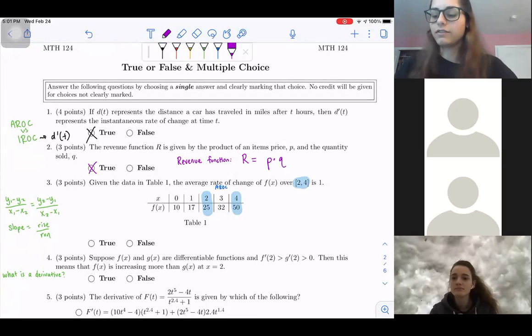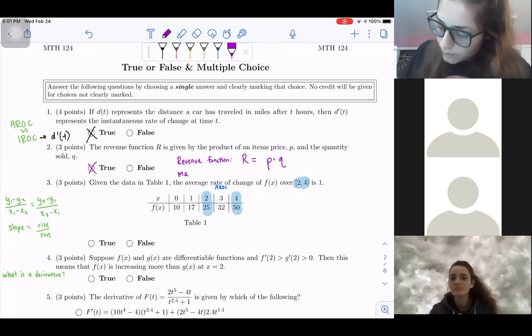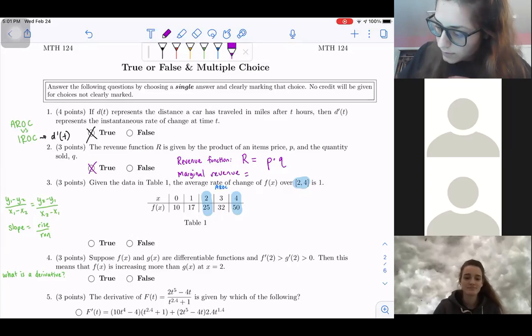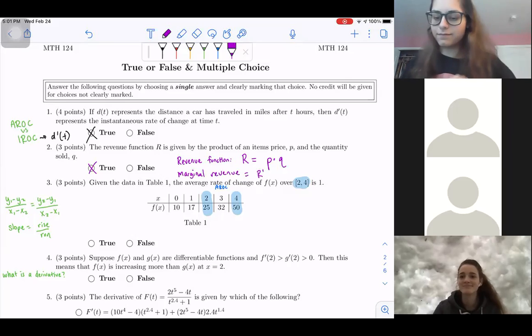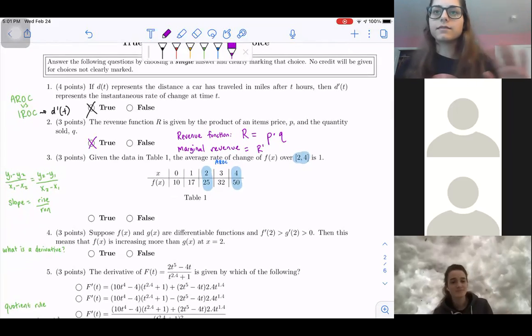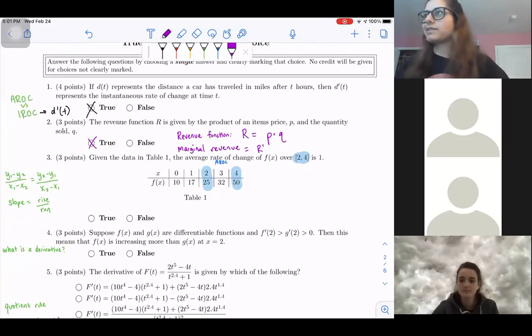So if we took the derivative of R, we would get marginal revenue. So marginal revenue equals R prime. Same for price, cost, whatever else we learned during focus sessions.